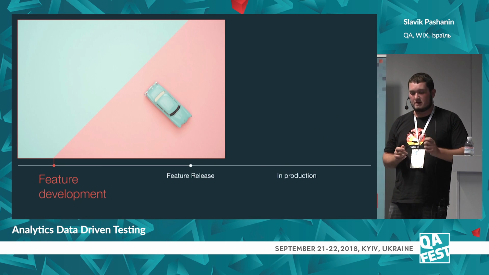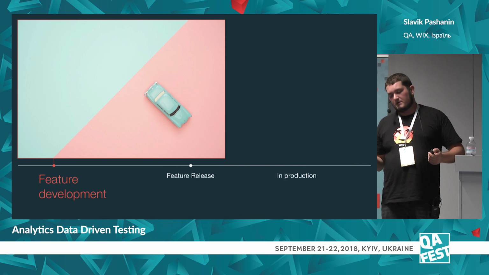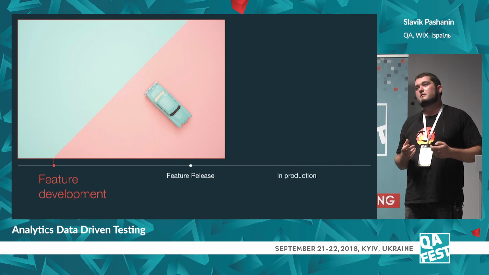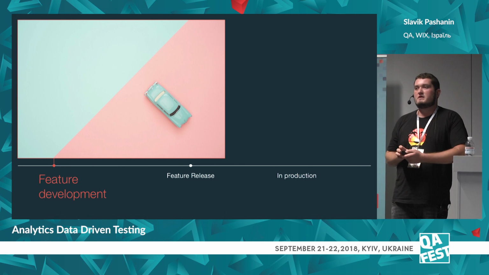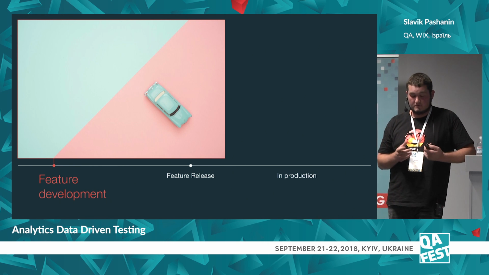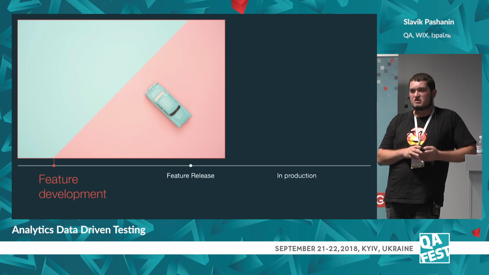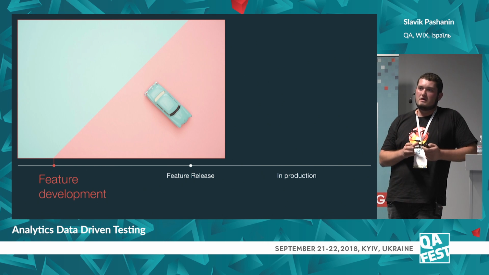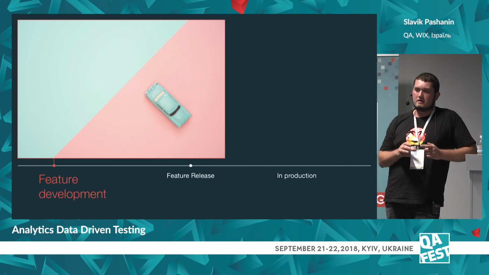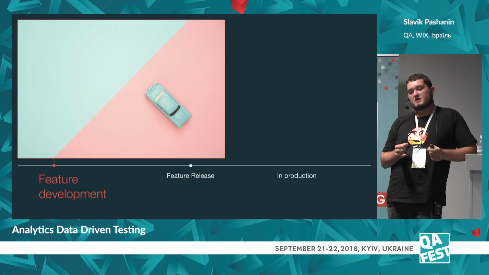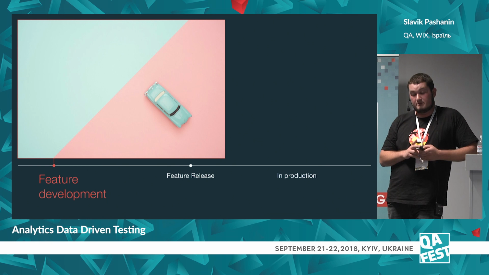So getting BI into testing, how can it be done? Implementing BI starts from the development of the feature, in the beginning. Each action, each interaction with our users must be covered with BI. Any field, any page, everything must be covered with BI.